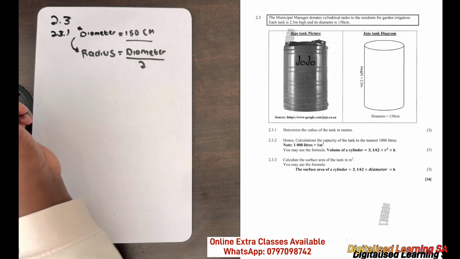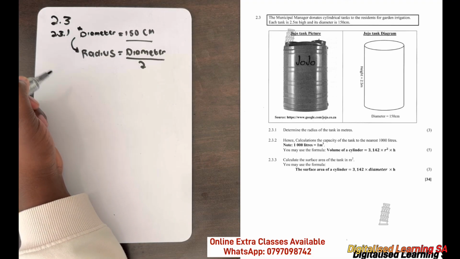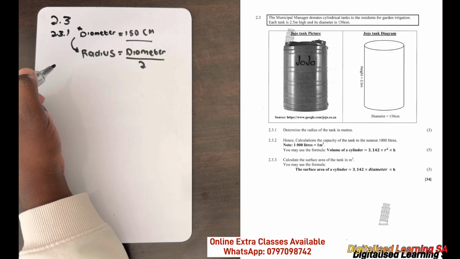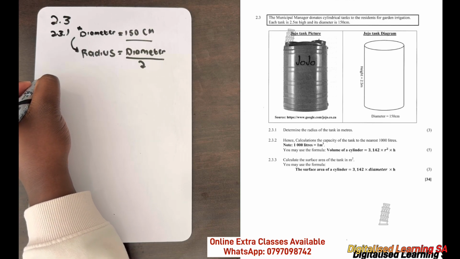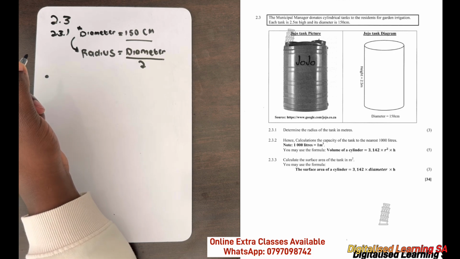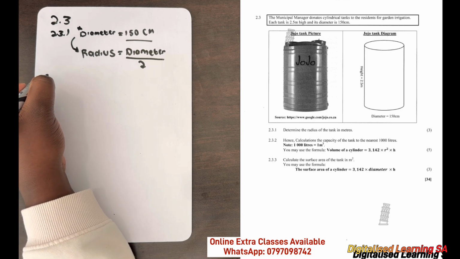So now, without wasting more time, let's go ahead and calculate our radius. We can see that our diameter is given in centimeters, meaning that we need to convert it to meters. We will start by providing a short note that you need to understand.